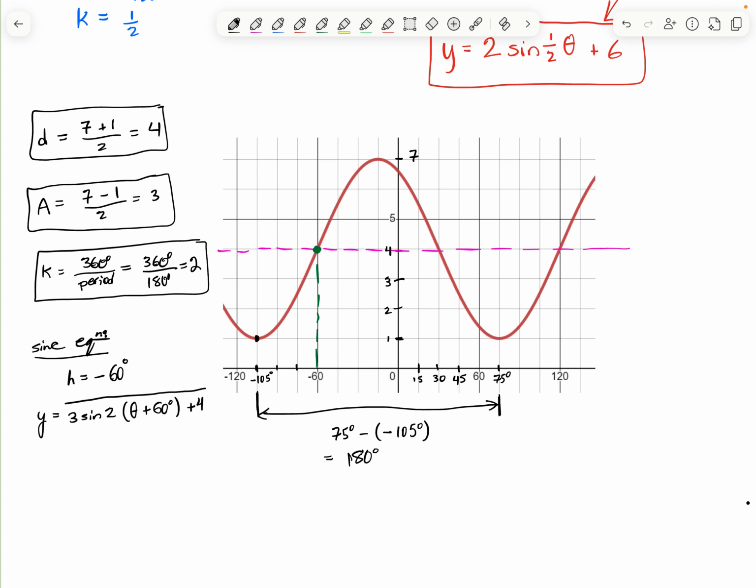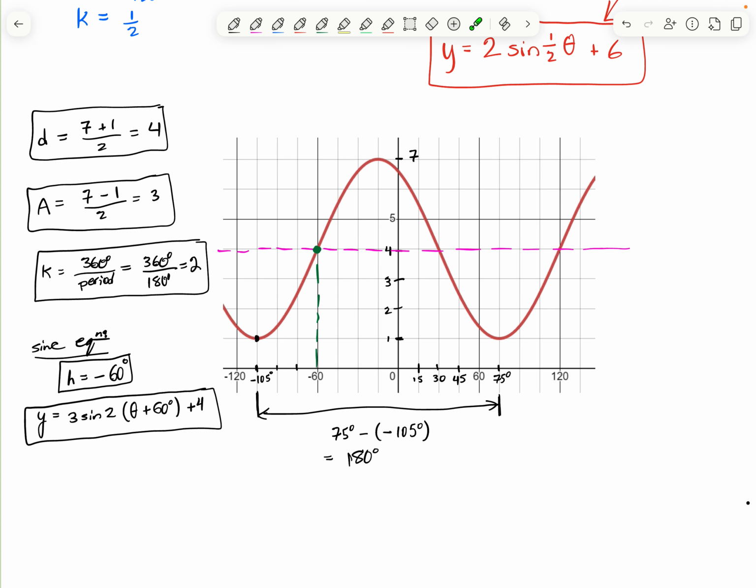So this would be our actual sine equation. And this is the h value. What's important to note here is that this is theta plus 60 degrees. All it means is that the normal sine graph, starting here, has been shifted 60 degrees to the left. So the h value is negative 60.